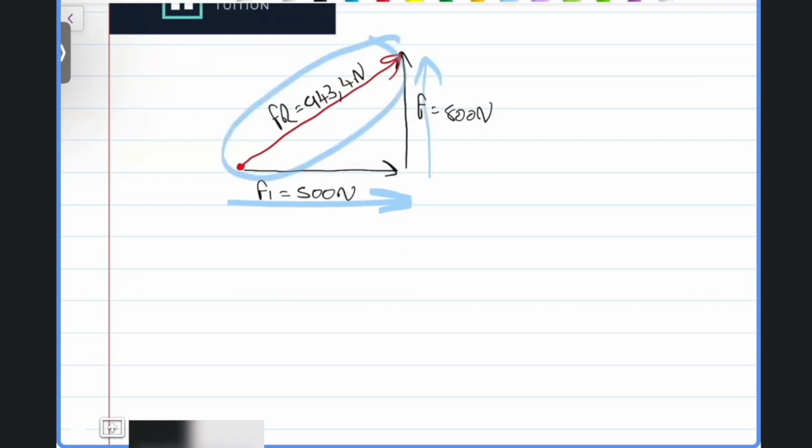Now, in this year's vectors, what we need to understand, we aren't worried about creating this diagonal vector. We are worried about breaking that diagonal vector up. So for example, just to make sure we are okay, let's say we had this same vector. Let's say we had a vector here, 250 newtons in this case, at an angle of 30 degrees.